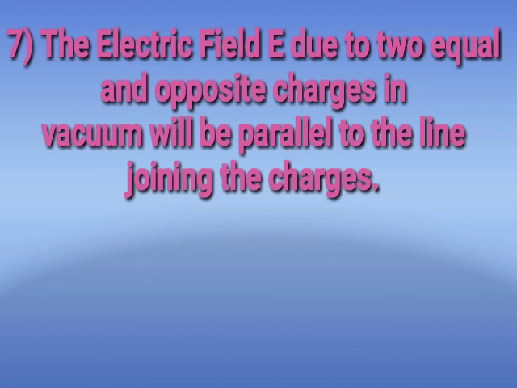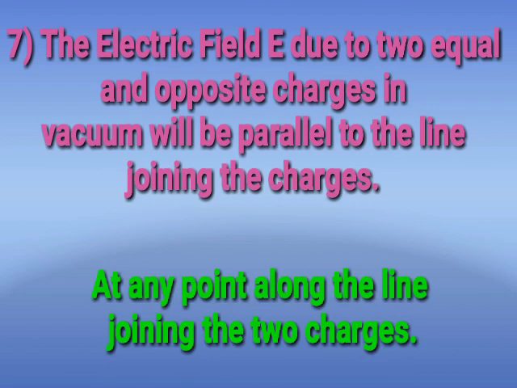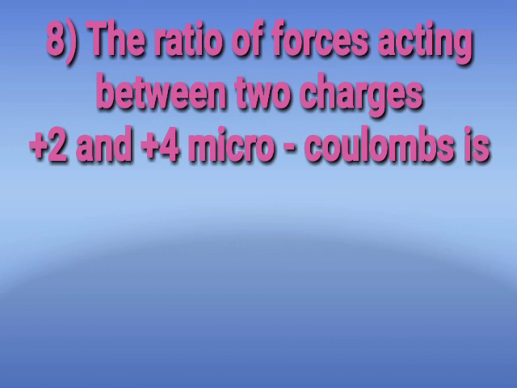The electric field E due to two equal and opposite charges in vacuum will be parallel to the line joining the charges at any point along the line joining the two charges. The ratio of forces acting between two charges plus 2 and plus 4 microcoulombs is 1:1.